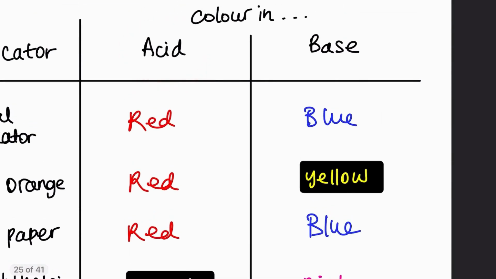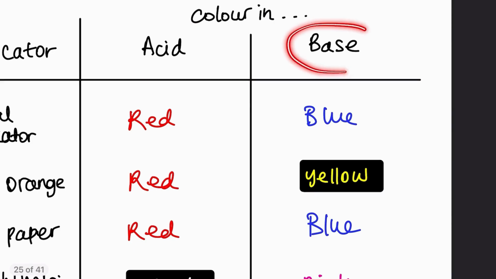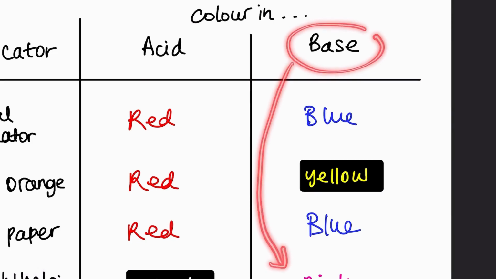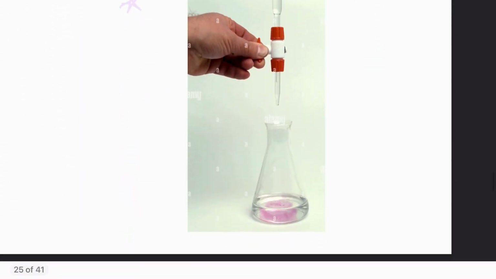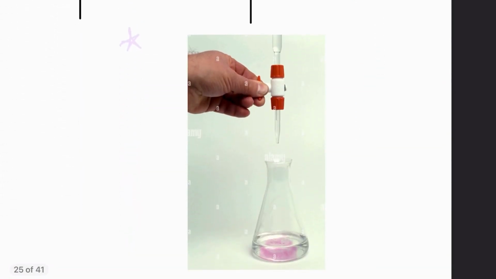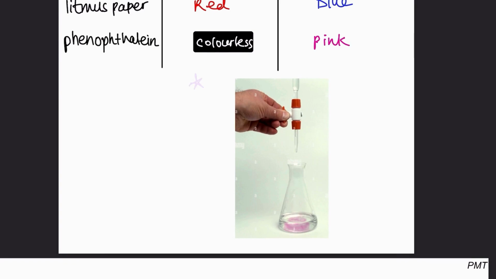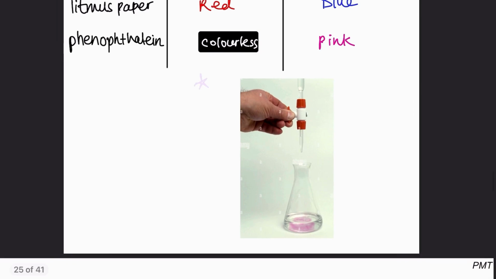And what color does it turn when it becomes pink? It's when it's in a base, right? Or the solution has turned into a base or an alkali. And the moment it drips down here, the solution has become neutralized, and therefore next one would be alkali, right? That's when it turns pink. So very striking. And if you've done this experiment in school, you'll see that it's a very sharp pink color.